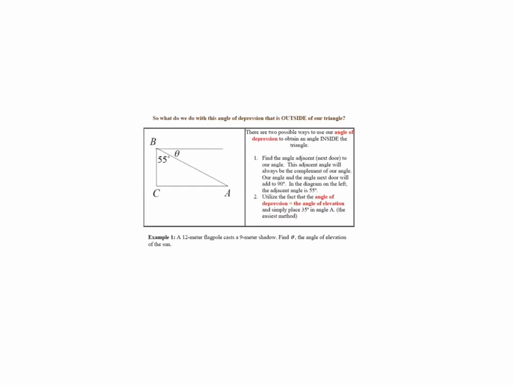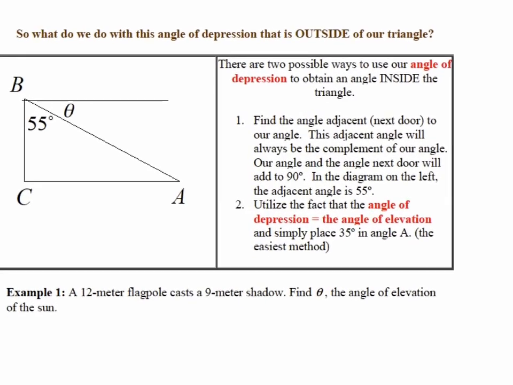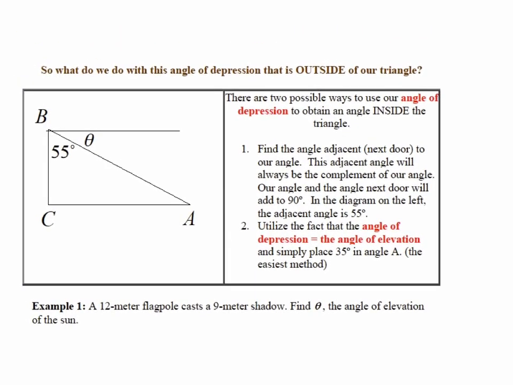So what can you do with your angle of depression? Well, you have choices. What do you do with an angle of depression that's outside of our triangle? Option 1: you know that these two angles have to form a right angle when you put them together, which means they come together to be 90 degrees.